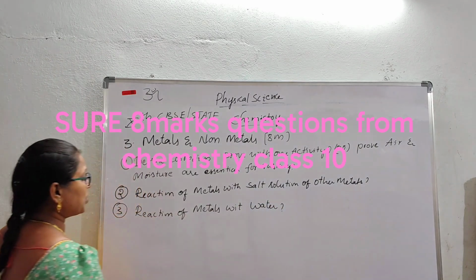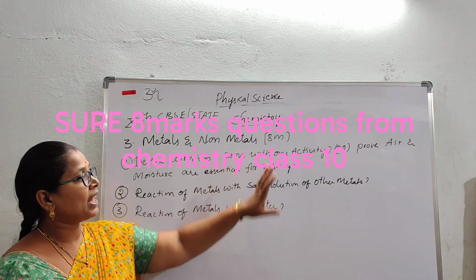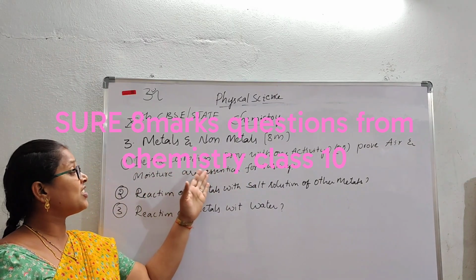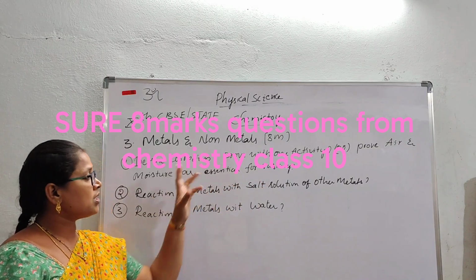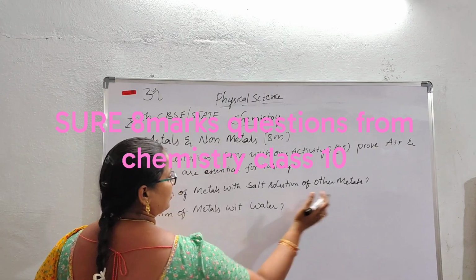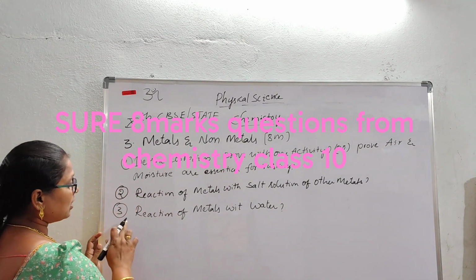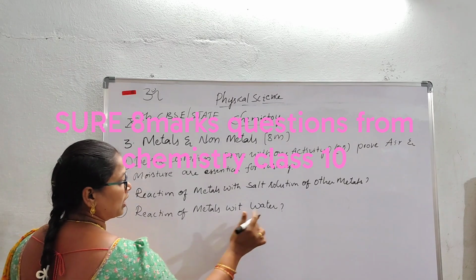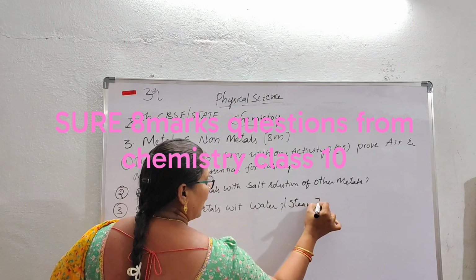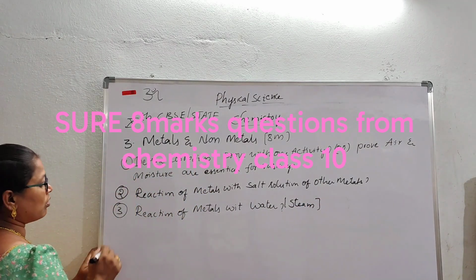So these are the 3 questions from metals and non-metals. First, define corrosion and prove with an activity, or prove air and moisture are essential for rusting. This is one question, 8 marks. Second, reaction of metals with the salt solution of other metals; this is a displacement reaction if you observe. Third, reaction of metals with water, nothing but steam they are asking. They ask this for 8 marks and for 4 marks also, and a 4-mark diagram too.